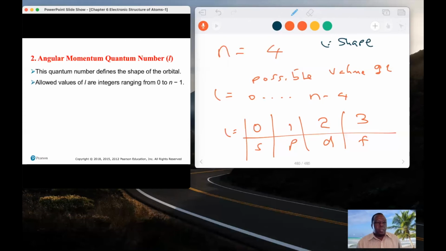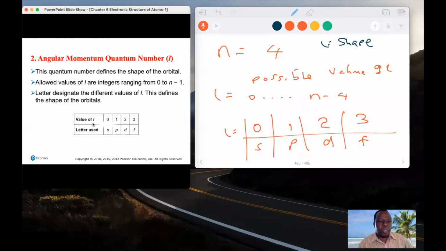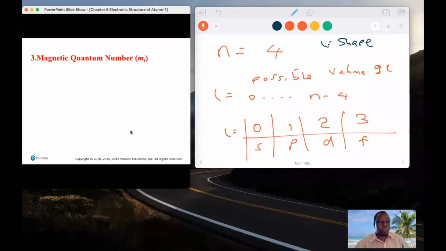So l allowed values range from 0 to n minus 1. These are possible values. To know how this works, when you are given the values for n, you can predict the possible values for l, and they are represented by these letters. You are familiar with this. This is where we are going with the electron configuration.